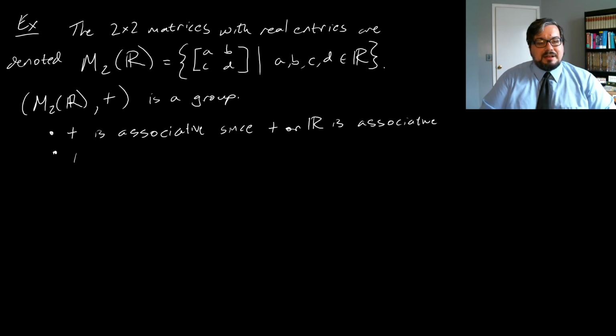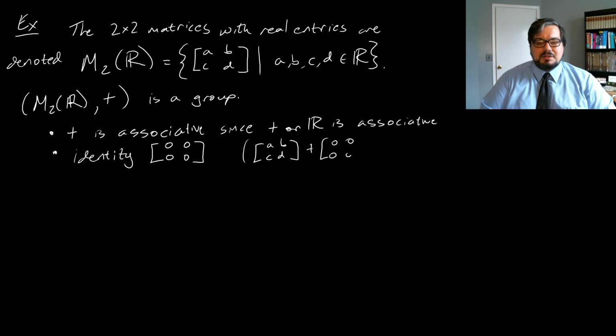And we have an identity. The identity matrix for addition is 0, 0, 0, 0, since if we have any matrix A, B, C, D, and we add the matrix 0, 0, 0, 0, we get just the matrix A, B, C, D back.